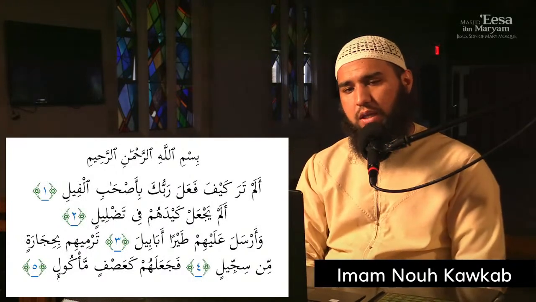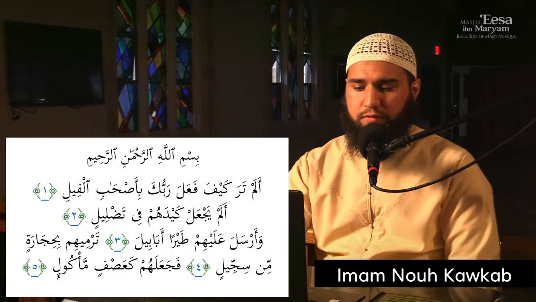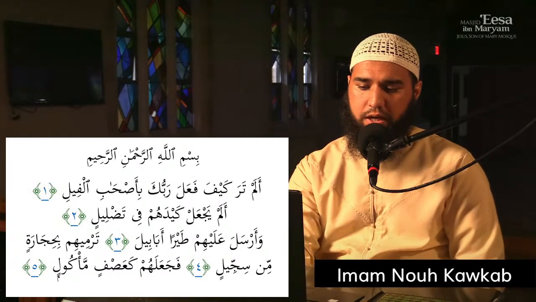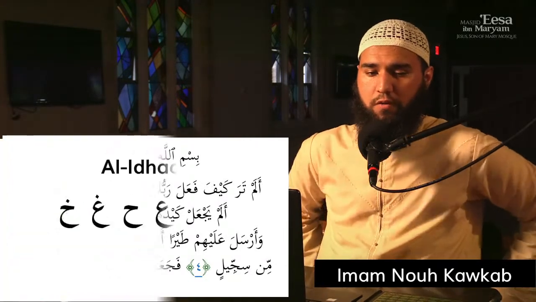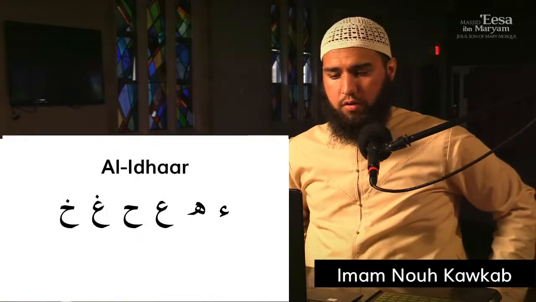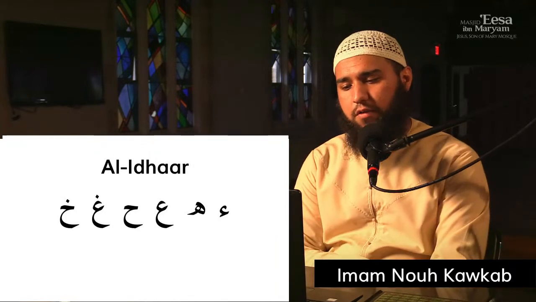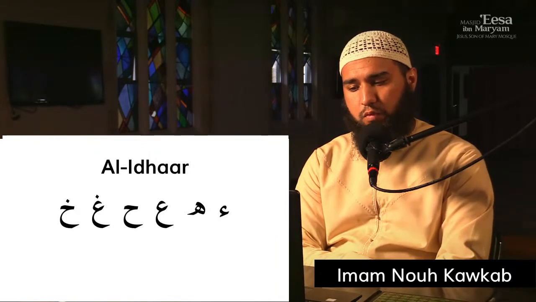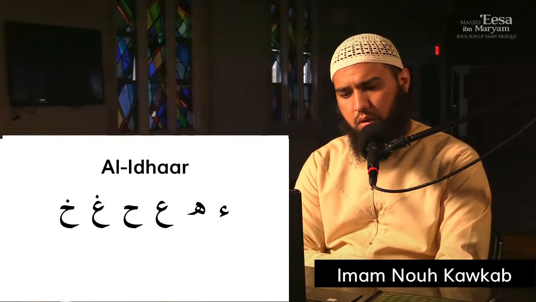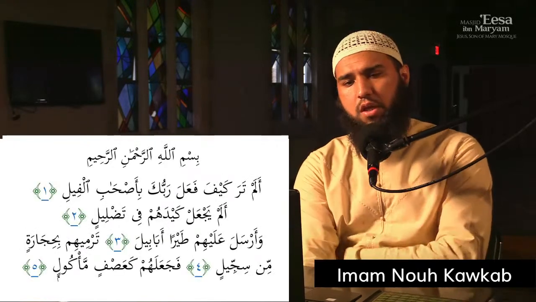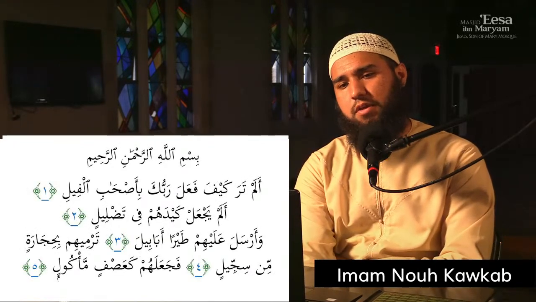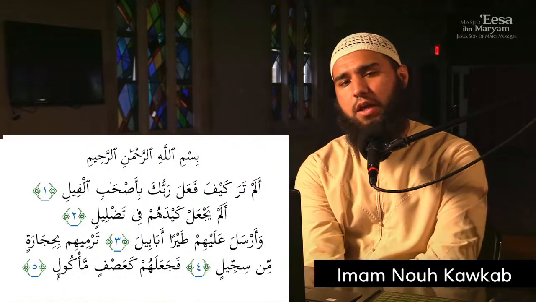So, فَجَعَلَهُمْ كَعَصْفٍ. عَصْفٍ, ayn, sad. Sad is heavy, so we have to be careful here. We have to make sure that we're pronouncing sad in a heavy manner. Then we have the letter fa, which has tanween. And after tanween is coming the letter mim. We know if there is mim coming after tanween, that means we have to apply the rule of idgham.